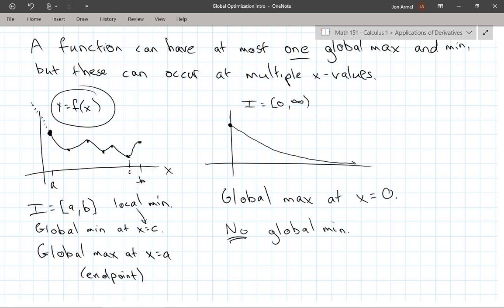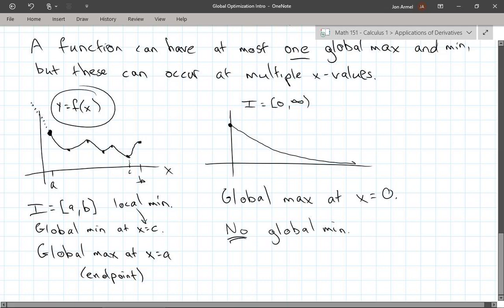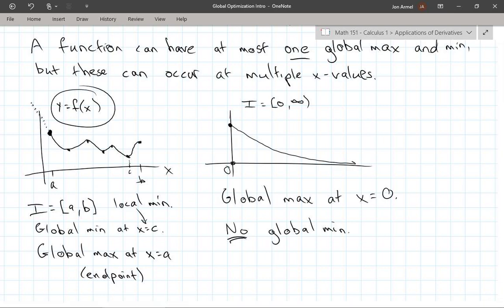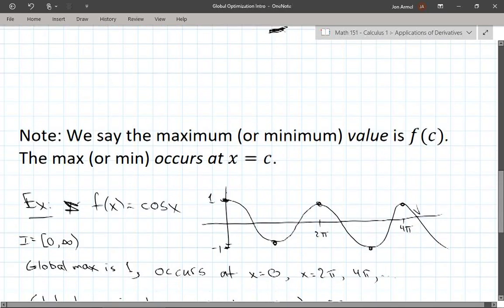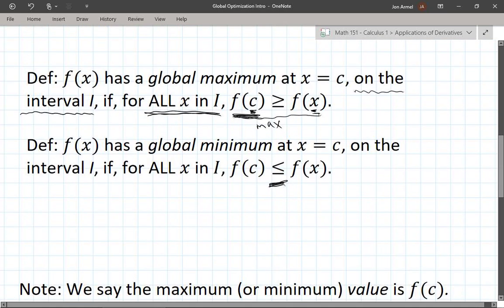Couldn't you call 0 the global minimum of the function? So over here, there's y equals 0, and the function gets really close to 0, right? But we can't call that the global minimum because of the definition of global minimum. So we say, it has a global minimum at x equals c if f of c... but what number are you going to put in to get 0 out of your function?